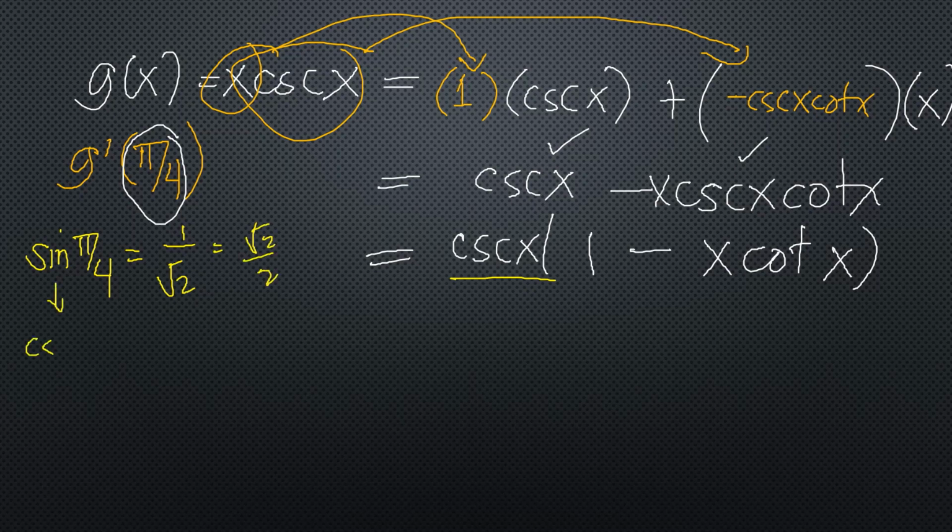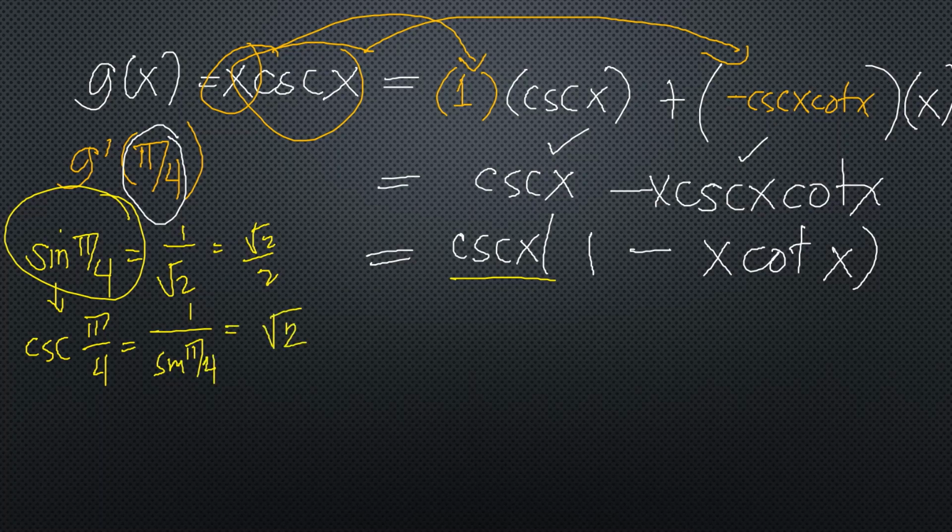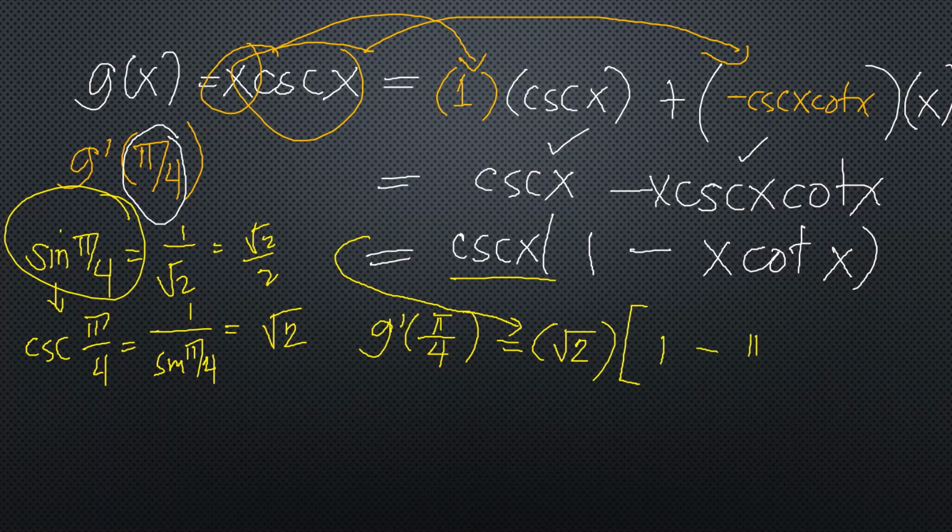Therefore, cosecant pi over 4 is simply the reciprocal of sine pi over 4, and that is 1 over sine pi over 4, and the answer is square root of 2. Therefore, if we're going to solve now g prime of pi over 4 using this function, this will now be square root of 2 times 1 minus x, which is pi over 4, so substitute, and cotangent pi over 4 is simply 1.